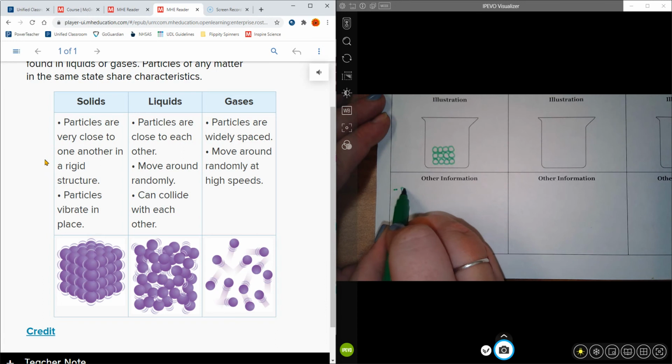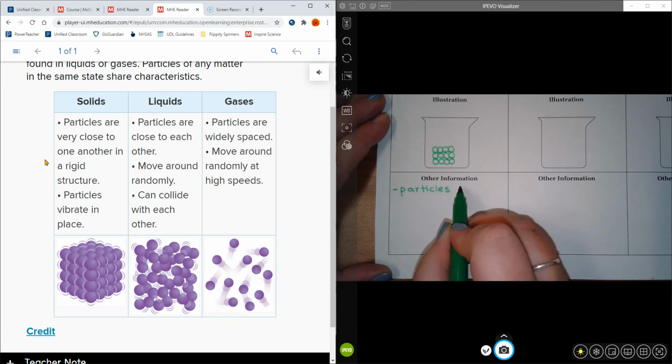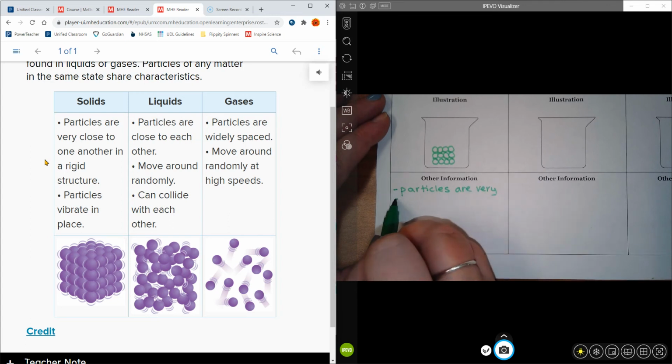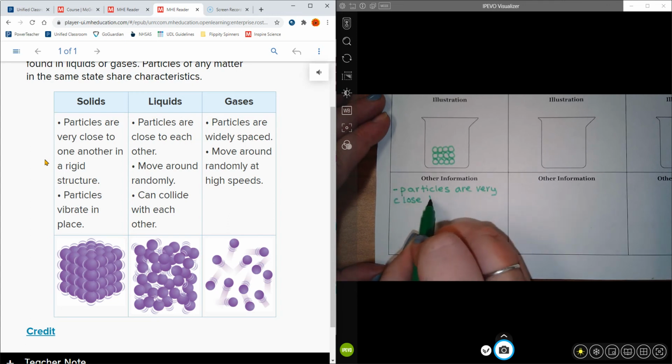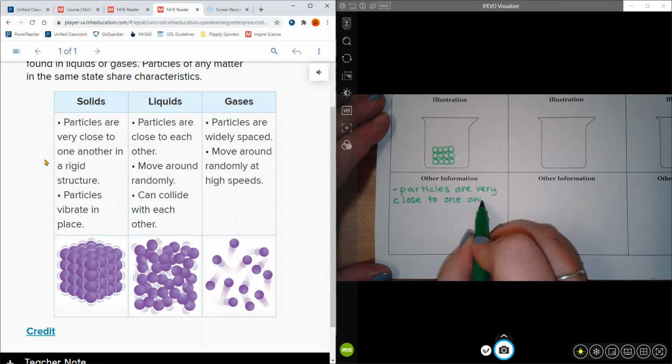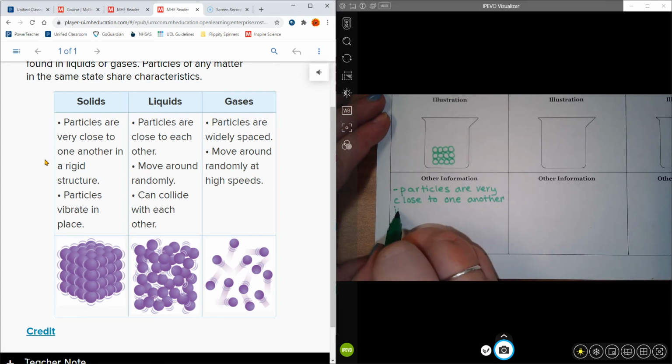So particles in a solid are very close together. So they're very close to one another, and they're rigid. So they're in a rigid structure.